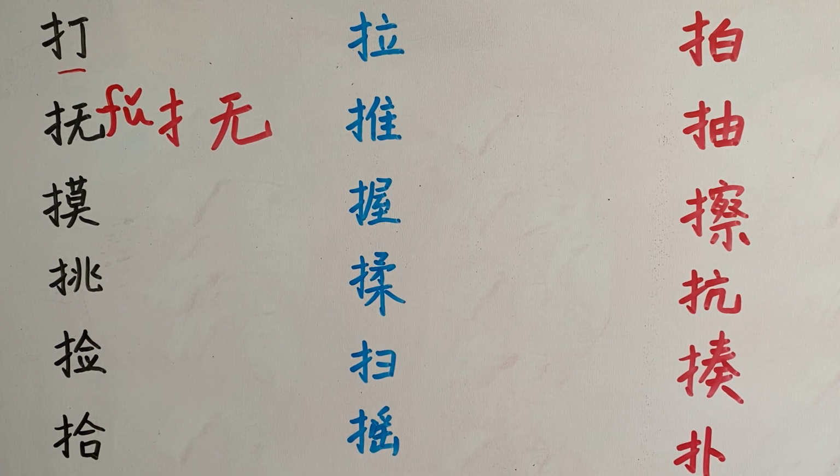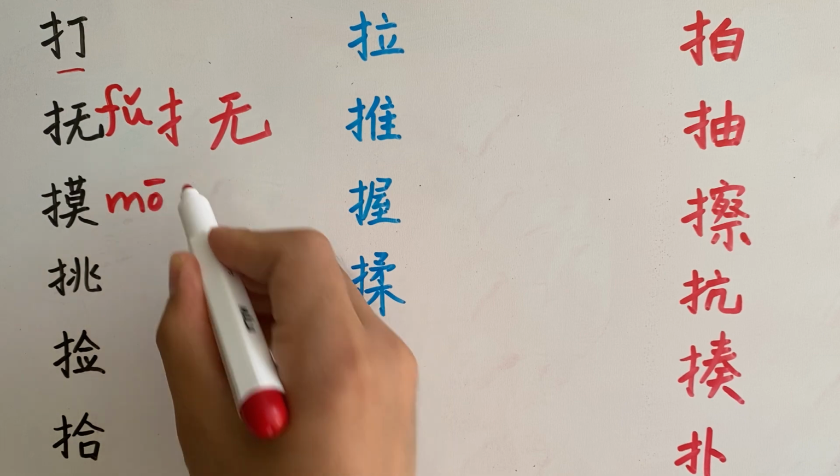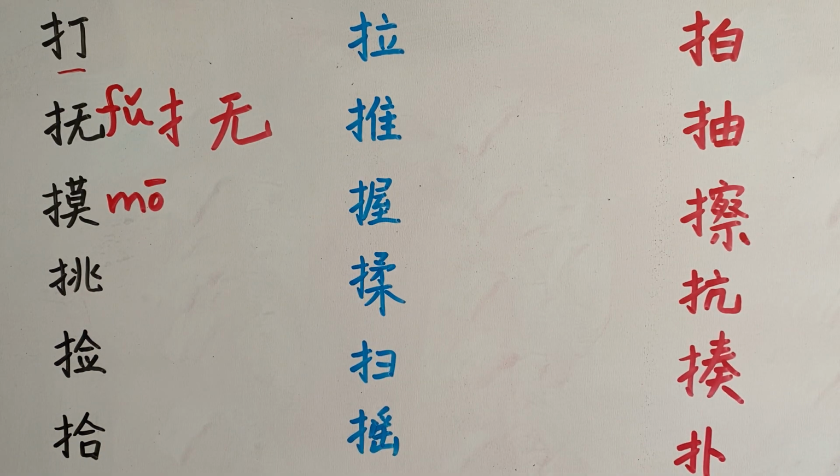抚, to gently touch. In modern Chinese, we usually use two characters to form a word or phrase, like 抚摸, right? This is a verb phrase. It consists of two verbs, 抚 and the second one, 摸. 摸 means to touch.